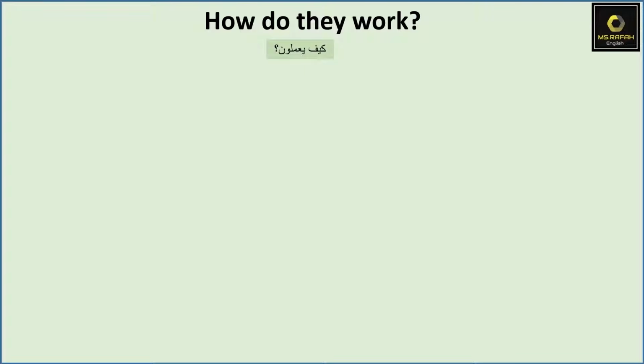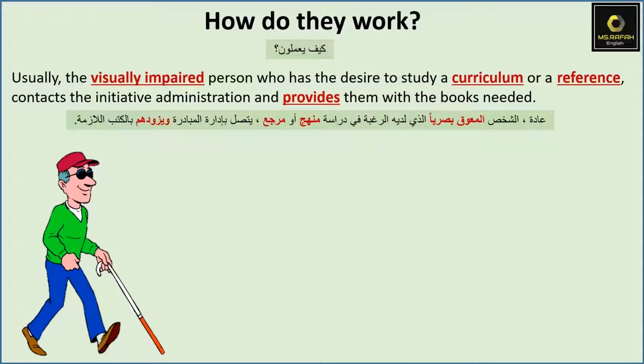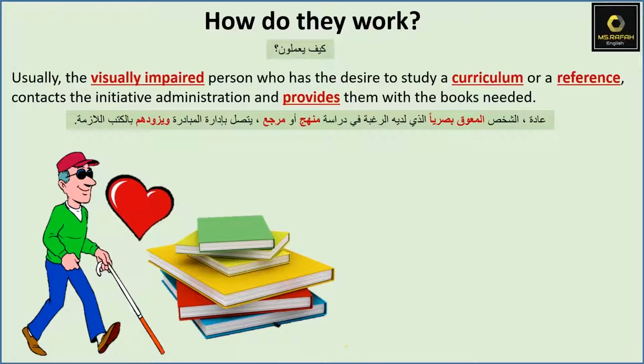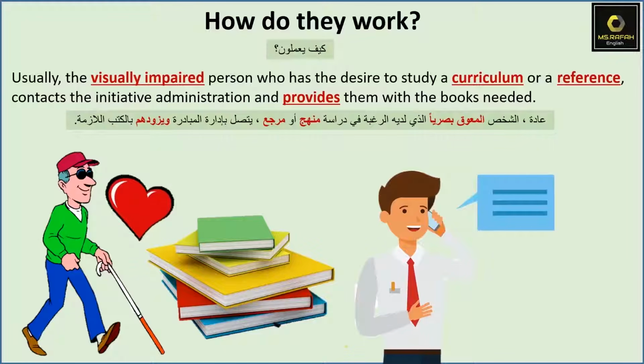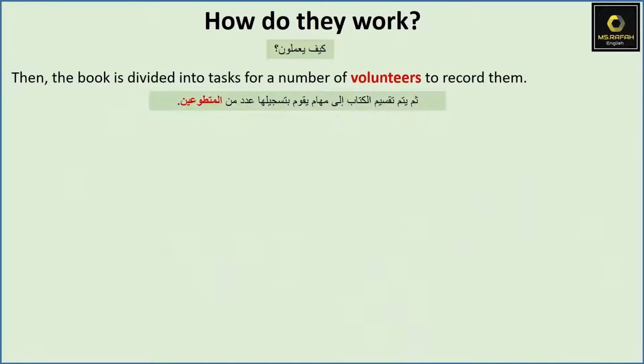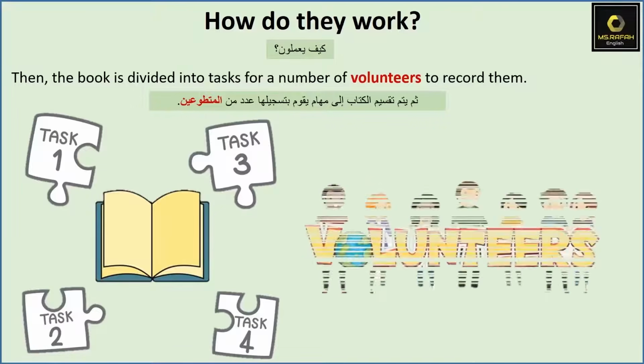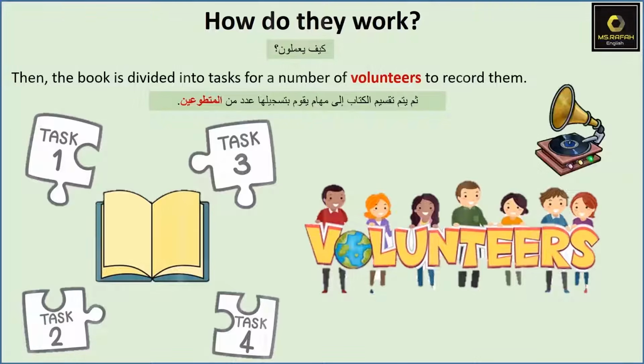How do they work? Usually, the visually impaired person who has the desire to study a curriculum or a reference contacts the initiative administration and provides them with the books needed. Then, the book is divided into tasks for a number of volunteers to record them.